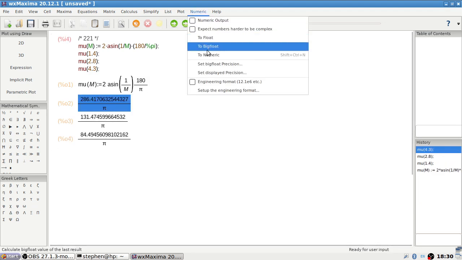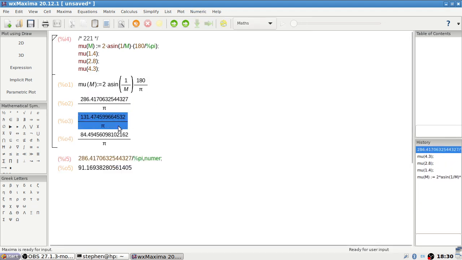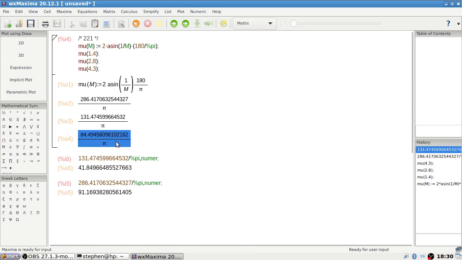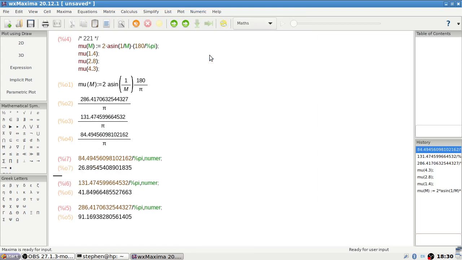Then numeric, and numeric. So the answers here are 92, 42, and 27.